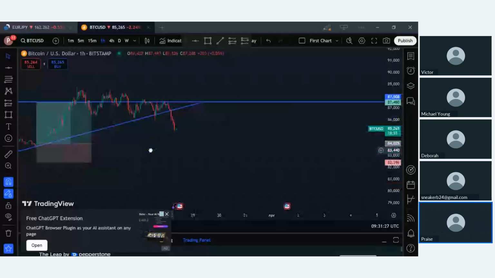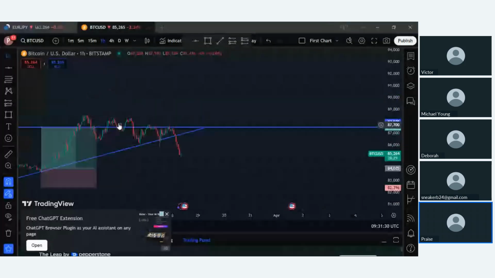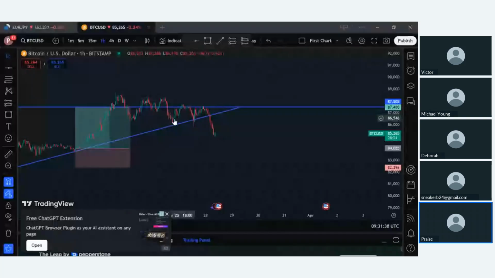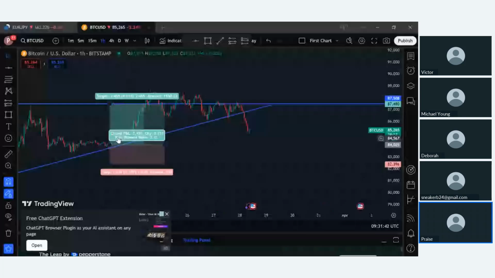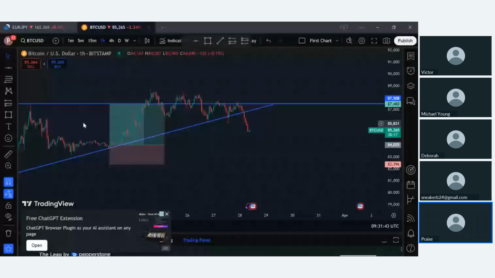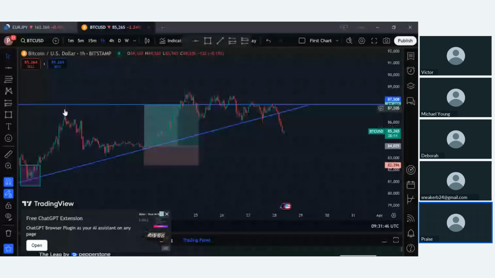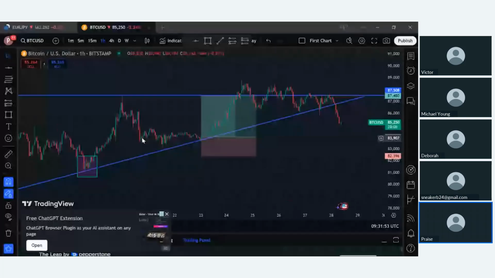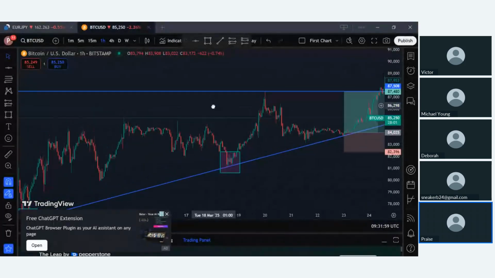Now, let's look at what happened. So the market came here, you can see, and another reason why you shouldn't have taken the trade from here is because this move that came down did not actually give us a high. Look at this move. This one came like this, broke this high, you can see. So when it bounced, the move that was coming was higher than the previous one.